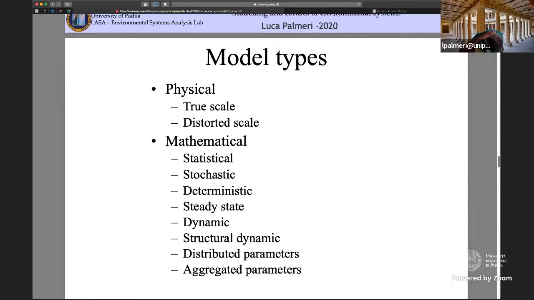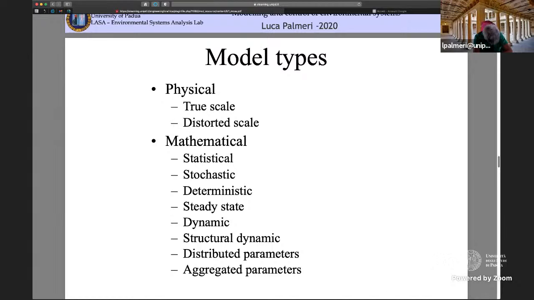Let's finish this lecture by giving an overview of different model types. We have already seen that the first classification is the distinction between physical and mathematical models. Physical models are like the true scale model that a tailor may employ, or physical models may be distorted scale models.